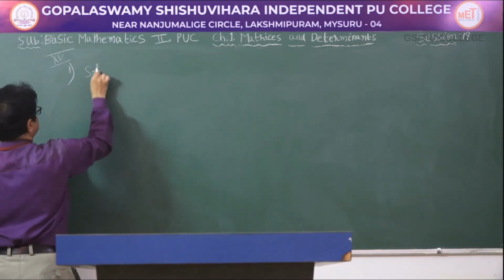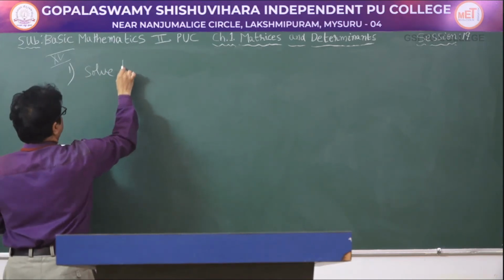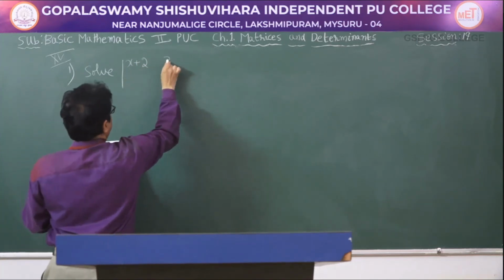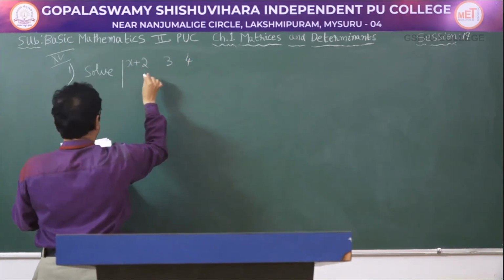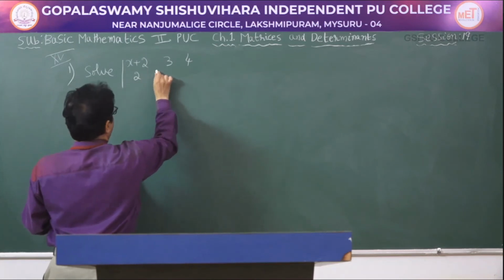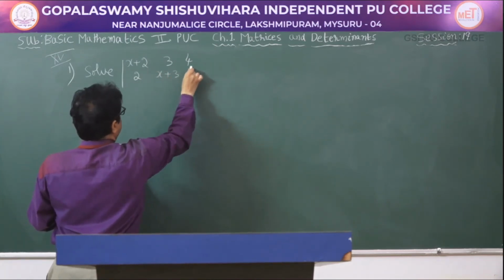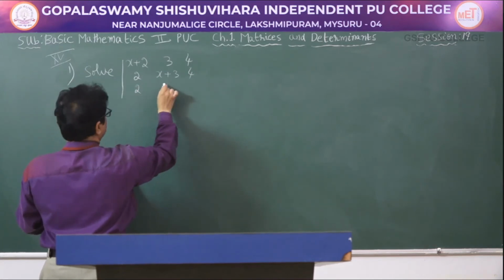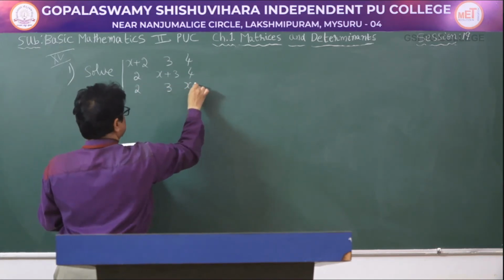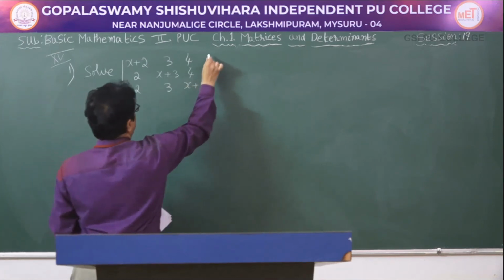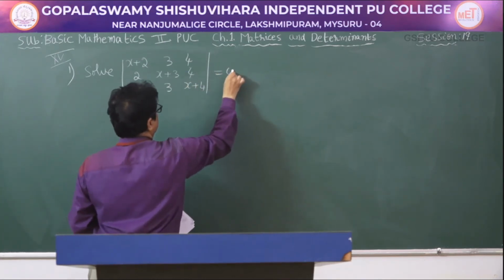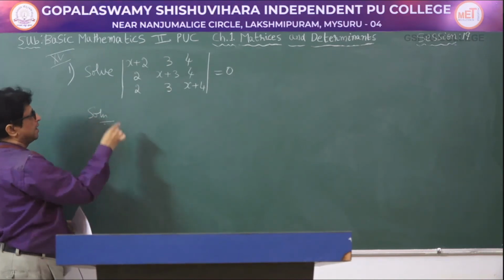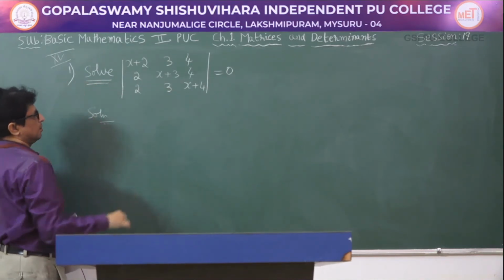Solve. Determinant of x plus 2, 3, 4, 2, x plus 3, 4, 2, 3, x plus 4 is equal to 0. Solution. Here we have to solve.